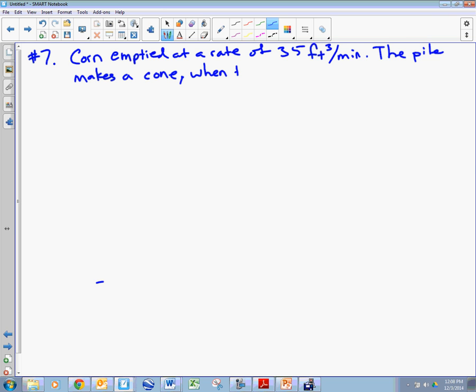When the height is 6 feet, the diameter is 8 feet. At what rate?